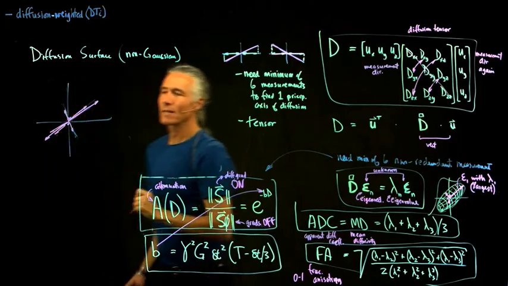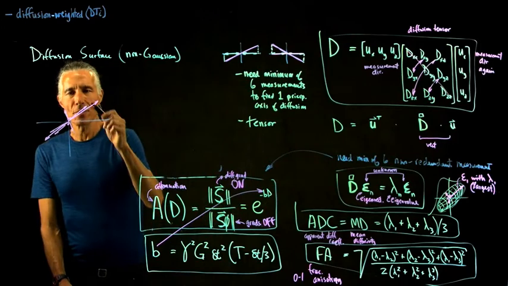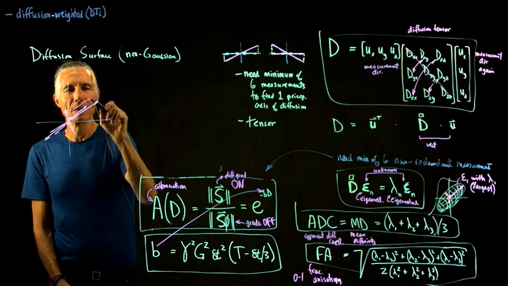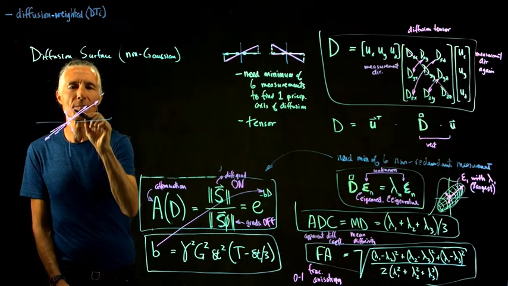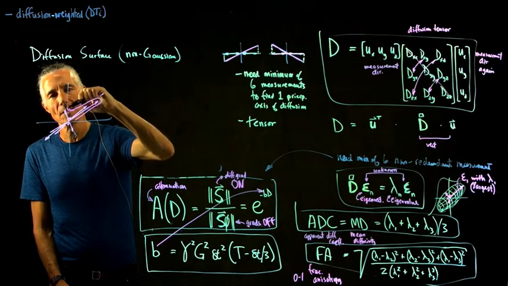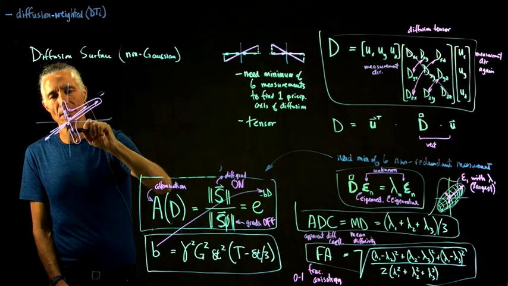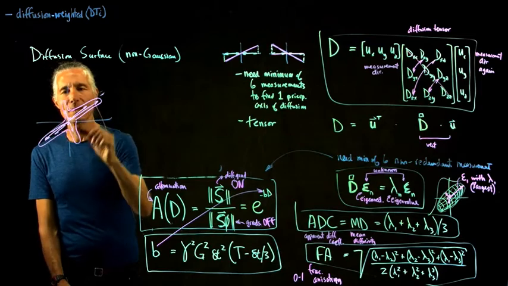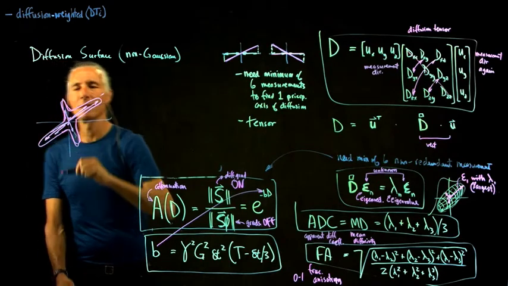Say we measured in 60 or 100 directions. What we would end up with is something that didn't look like a pill. It would look like a cross. It's going to come out like this, then go like that, down here like that, and then symmetrically.